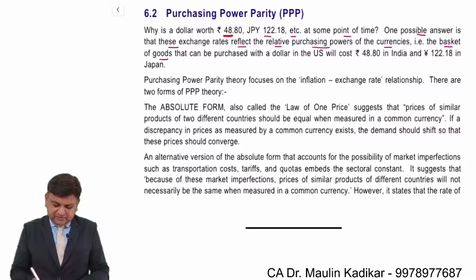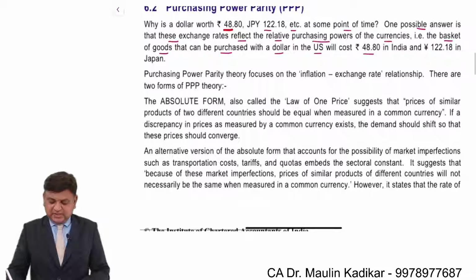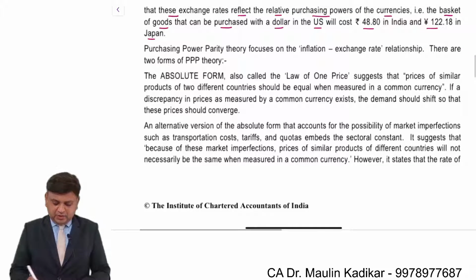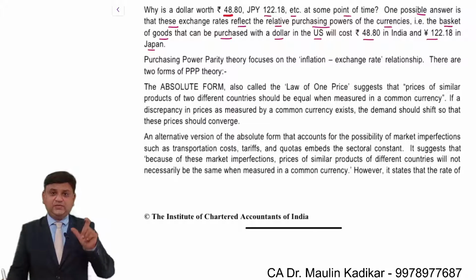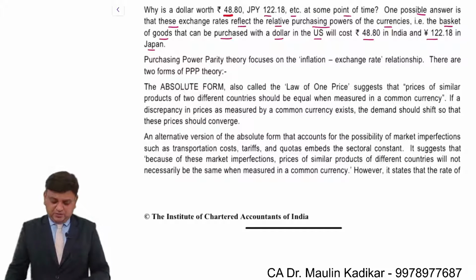That is, a basket of goods that can be purchased with a dollar in United States costs 48.80 rupees in India and 122.18 yen in Japan. So we understand that the exchange rate is 48.80 rupees per dollar and 122.18 yen per dollar.